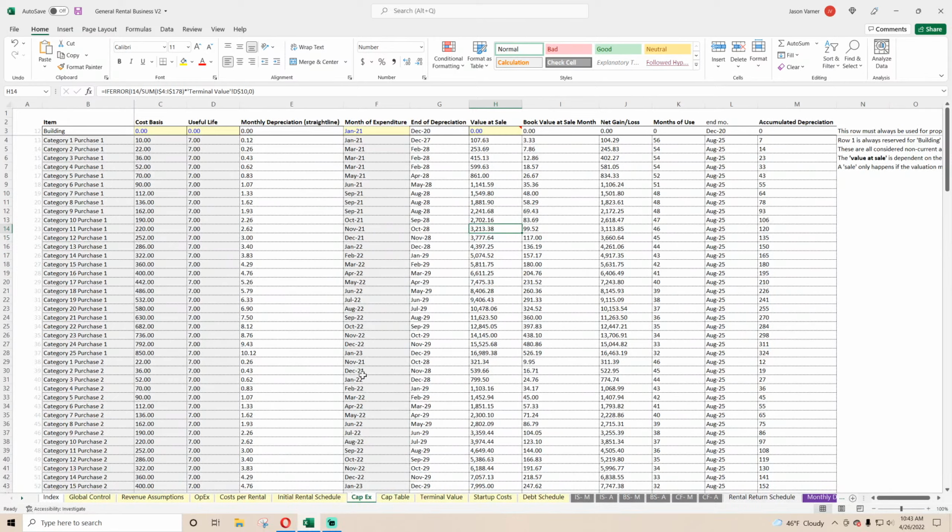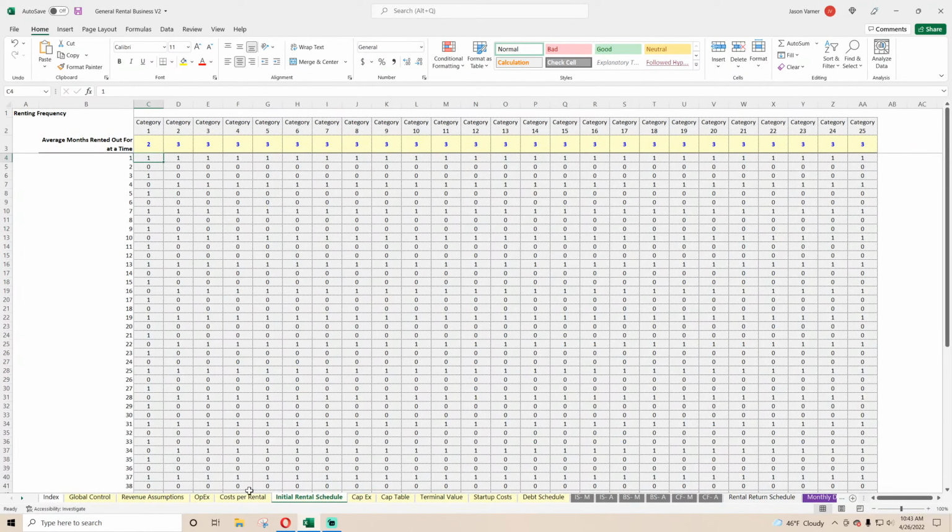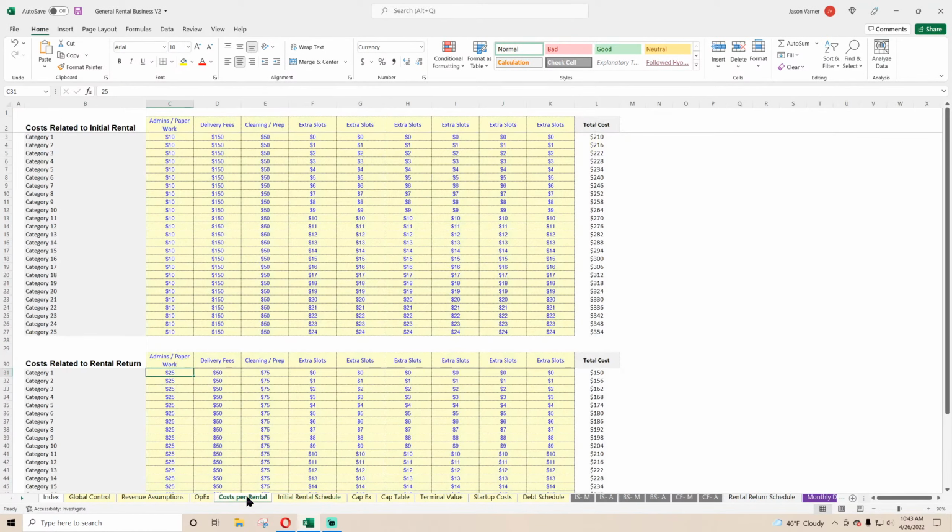Just to make sure this is right, if we go to the rental schedule here, we'll just make all these... well, actually, it's going to be the same issue for the previous year.